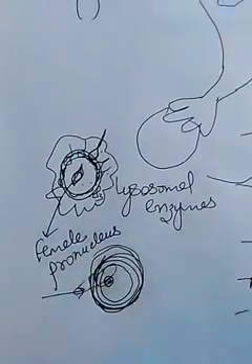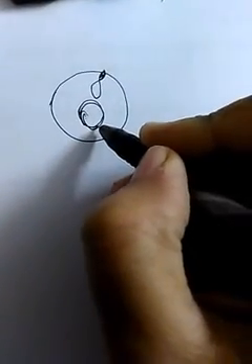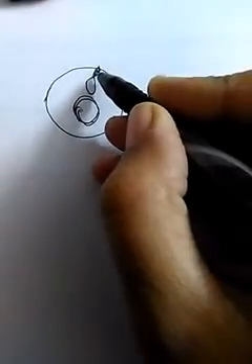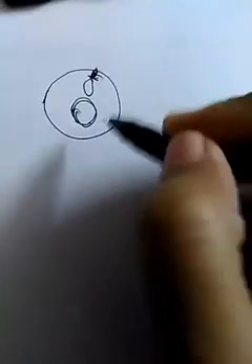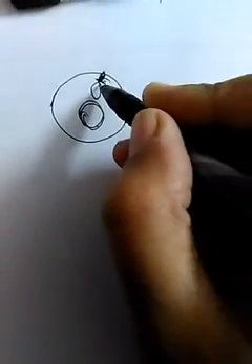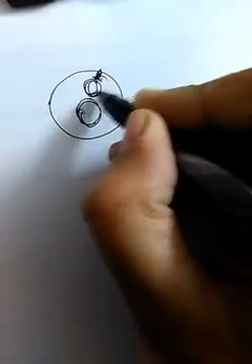Or you can say, as soon as the male sperm comes in contact with the ovum, the male leaves its tail, and its nucleus gets swollen in size.